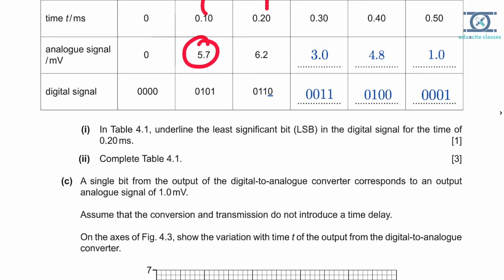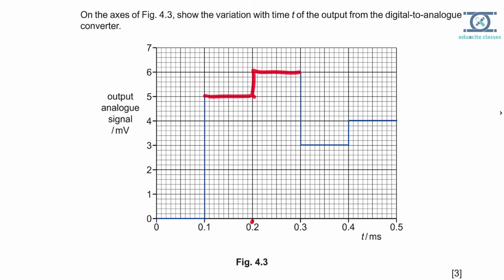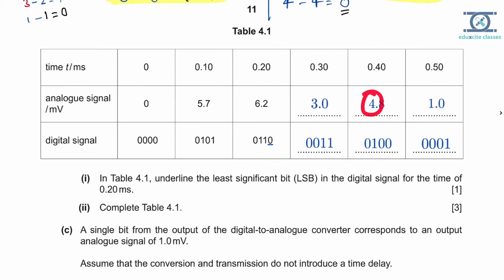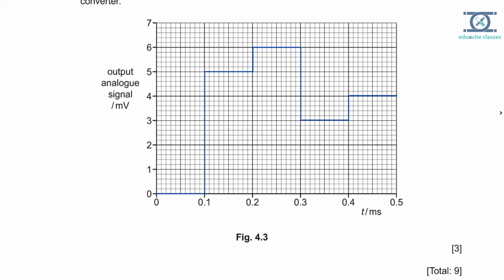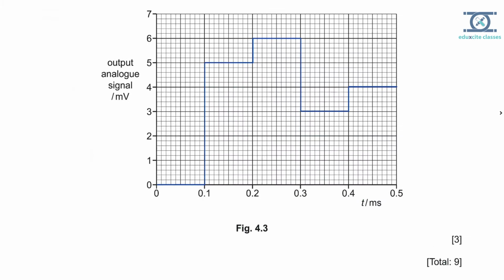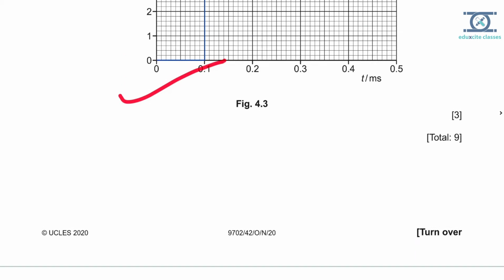I have already given you that we will take only the number which is before the decimal, that is 5, so it will be 5. From 0.2 it will be 6, then 3, then 4.8 is 4 only, and then we have to take only up to 0.5, so it will be like this. Okay, so this will be the answer for the graph.